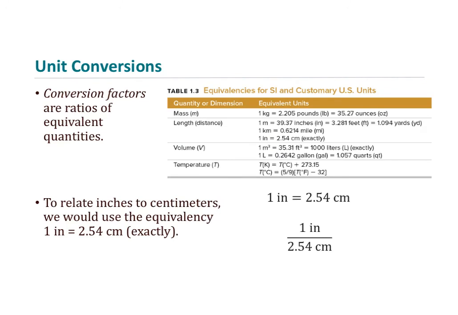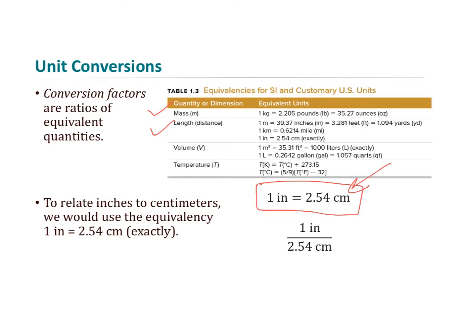Here's some common conversion factors. If you get any problem and the problem doesn't give you a conversion factor, just look it up on the internet. They're really, really easy to find. And remember then, okay, so this is how conversion factors are given. They're given as an equivalency. 1 inch equals 2.54 centimeters. When you use it in dimensional analysis, you've got to convert that equivalency to a ratio.